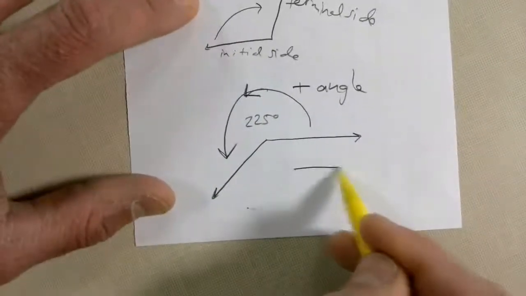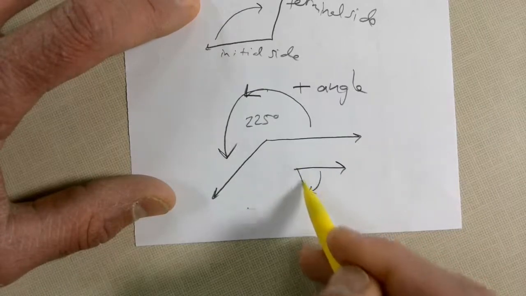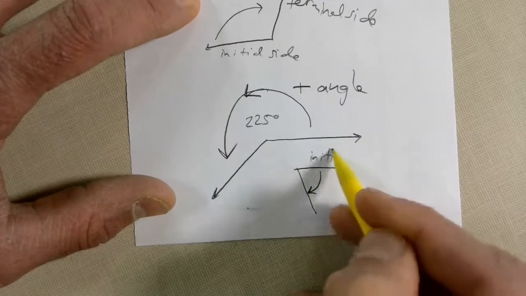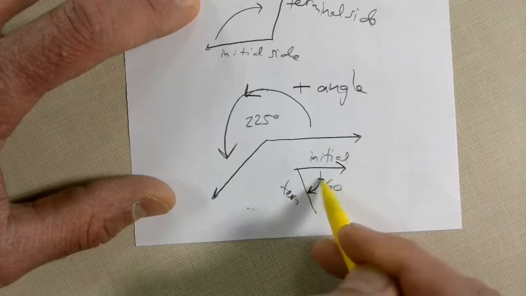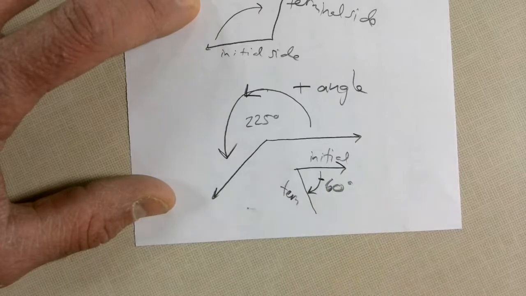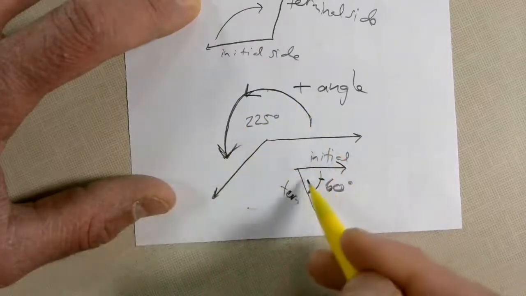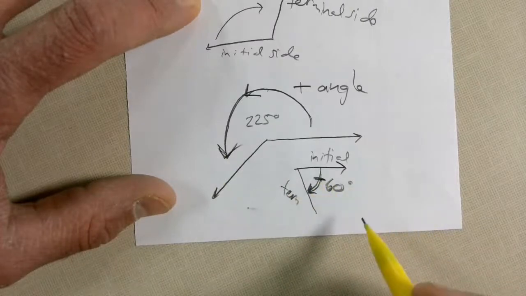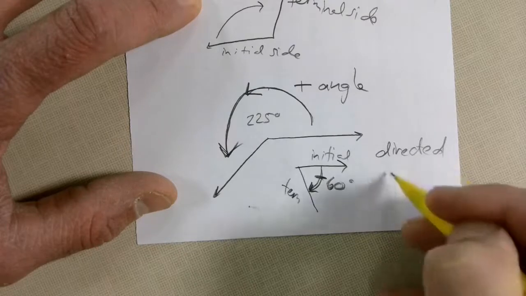But now suppose I rotate it clockwise. This is the initial side, and this is the terminal side. That would be negative 60 degrees. So we're going to deal with positive degrees and negative degrees. These are called directed angles.